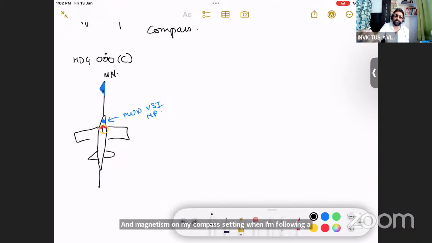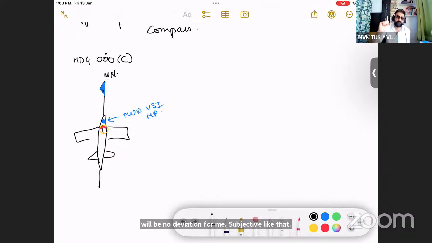These are simple questions in the exams. So you should know this: when I'm following magnetic north heading, if there is a forward vertical soft iron magnetism induced, forward means ahead of the compass, then there will be no deviation for me.